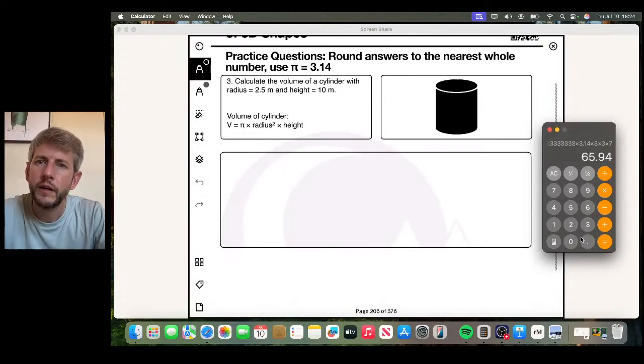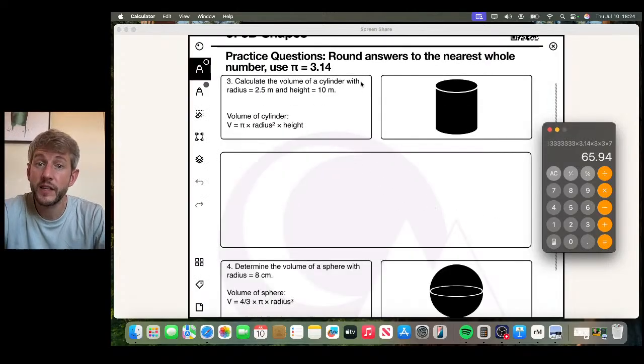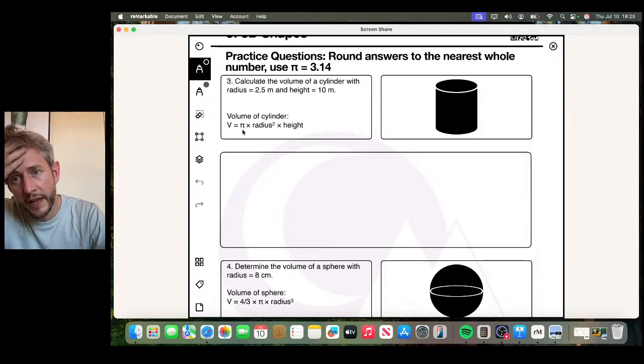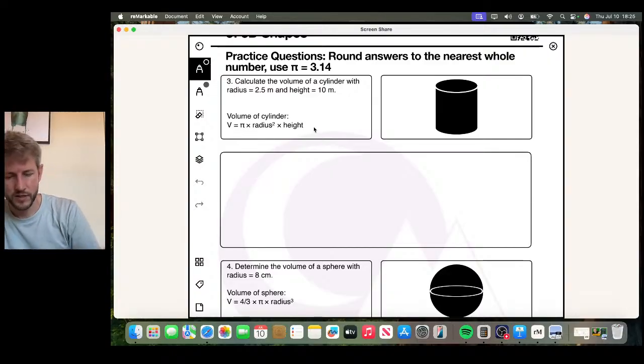Question 3. Calculate the volume of a cylinder with radius 2.5 meters and height 10 meters. So the volume of a cylinder is V equals pi times radius squared times height. So what we've got here is 3.14 times radius squared, so that's 2.5 times 2.5, and then times the height.